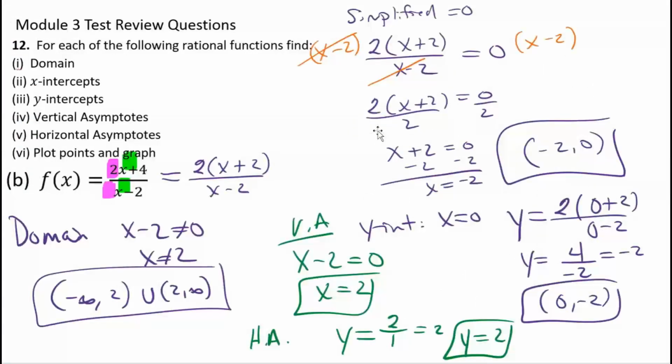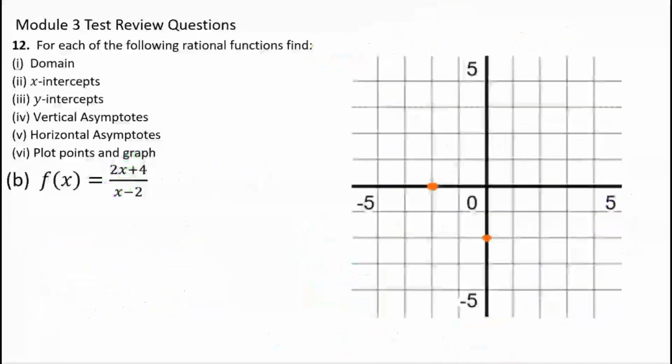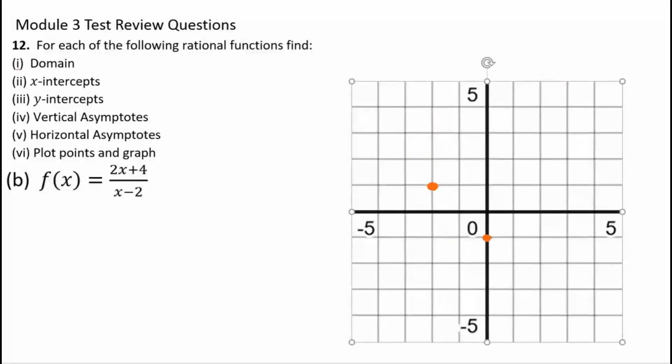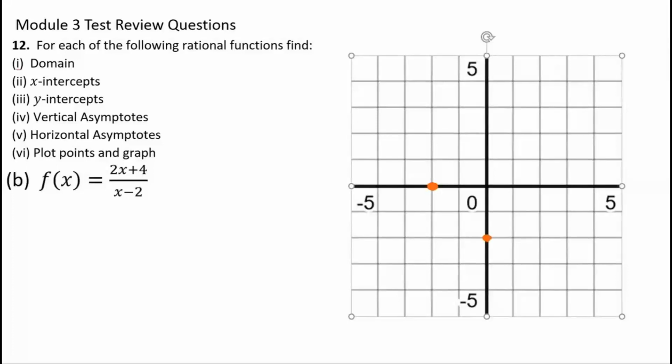Let's go back and look just to be sure: vertical asymptote x equals 2, horizontal asymptote y equals 2. So I go back to my page in green and draw a vertical asymptote, dashed line, at x equals 2. There it is, and a horizontal asymptote at y equals 2.